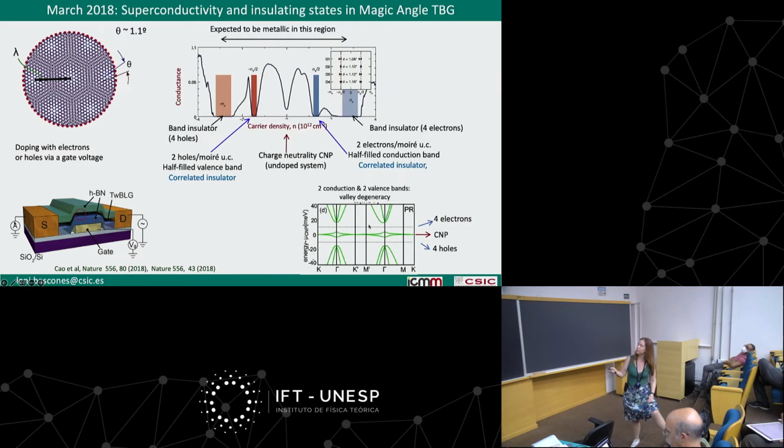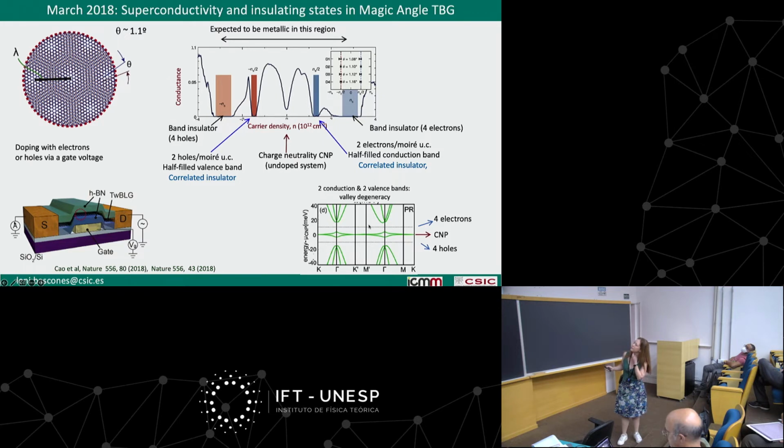Well, here there is the conductance, and what he saw was a surprise. So these are the bands of the system. Here, in reality, you have two bands, because there is what is called valley degeneracy. In graphene, there are two Dirac crossings, and each of them gives a kind of these bands. So in this system you have two bands, one above and one below.